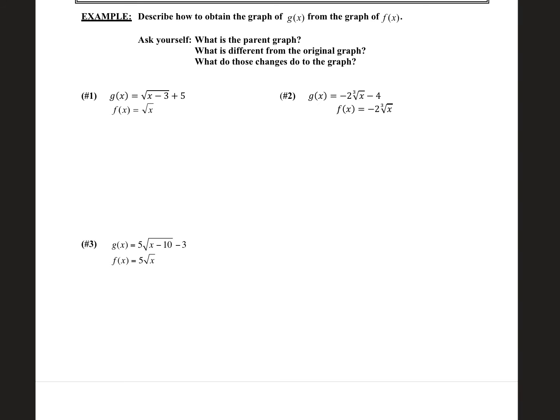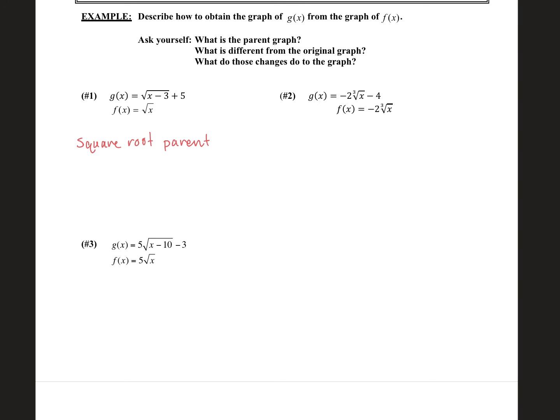So in this first one, we have g of x equals the square root of x minus 3, plus 5. Okay, so here we have a square root parent. And then what's the difference from the original graph?